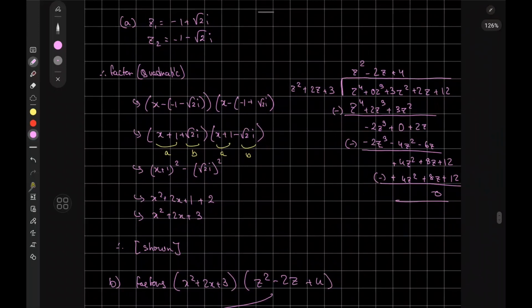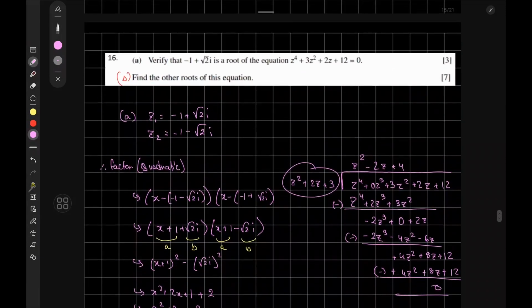We'll use long division and prove that if I divide the big equation by this, you will have a remainder of 0. That is the proof that this is indeed a factor of the big equation. And if this is a factor, then the root must be a root of this equation, because the factor is coming from the root, right?